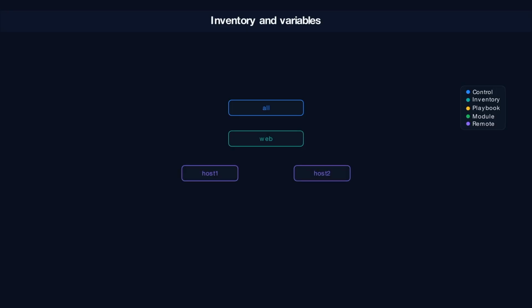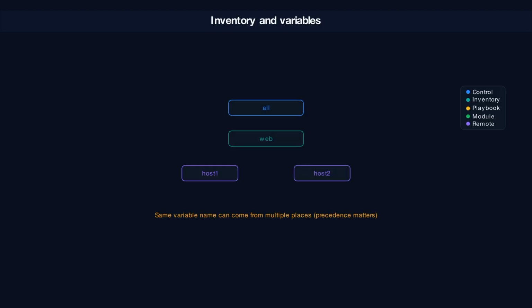Inventory answers two questions. Who are the hosts, and how are they grouped? Variables can live in inventory, group_vars, host_vars, playbooks, roles, and more. This is powerful, but it also means precedence matters. Like a family contact book with tags.